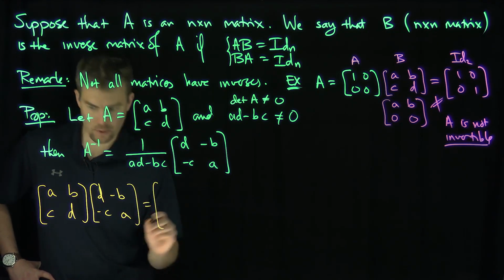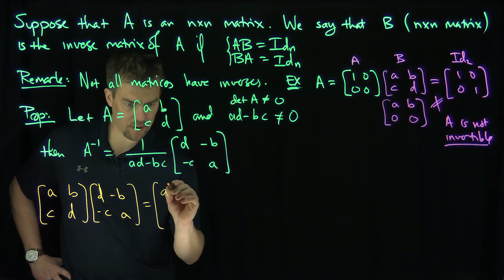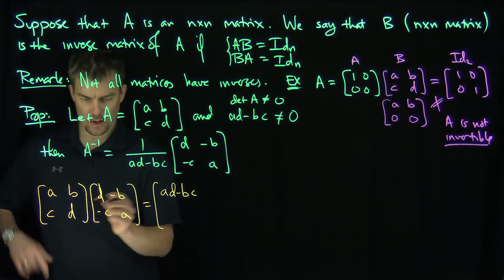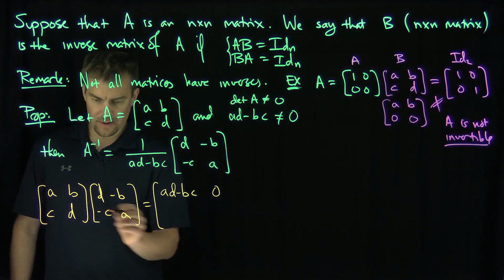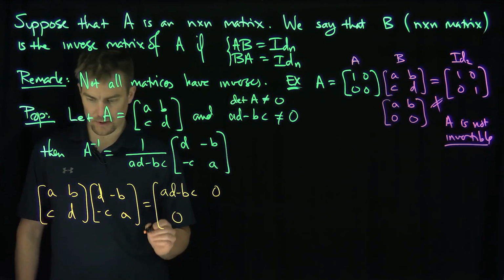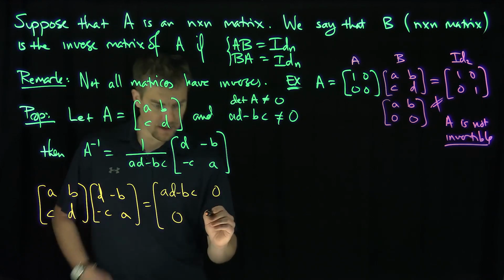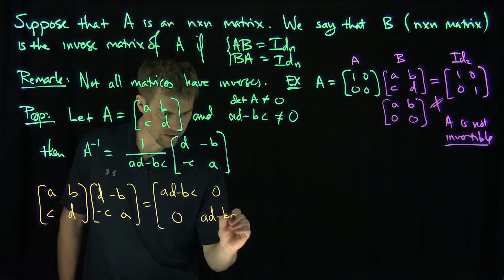What are we going to get? We're going to get ad minus bc up top, ad minus bc. Then over here I'm going to have a negative ab and a positive ab, which gives me a 0. And then I have a dc and a negative dc, which gives me a 0. And then I'm going to have ad minus bc.